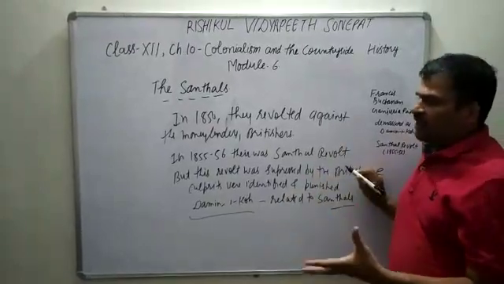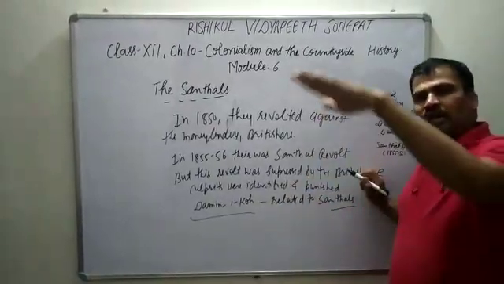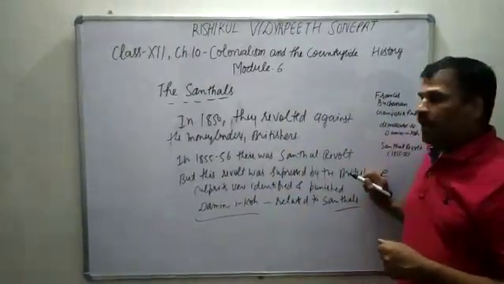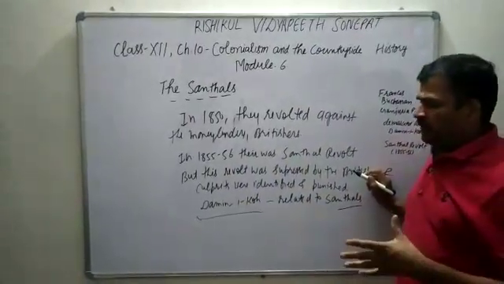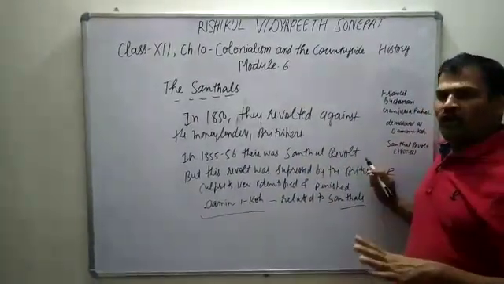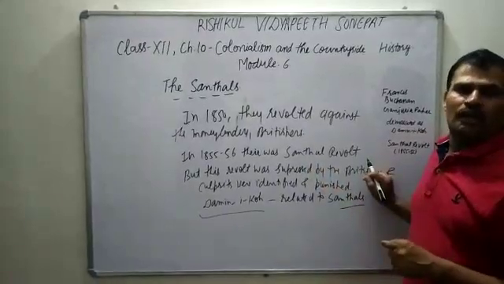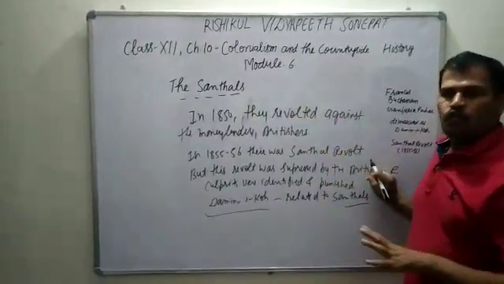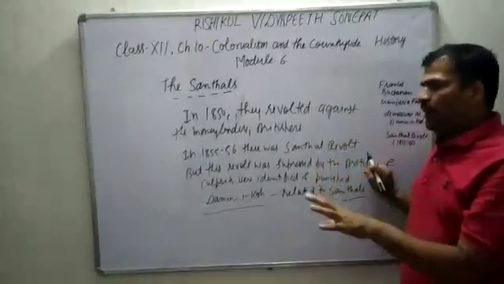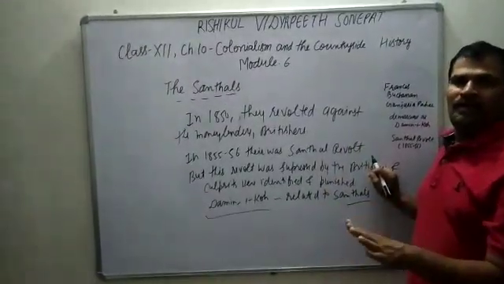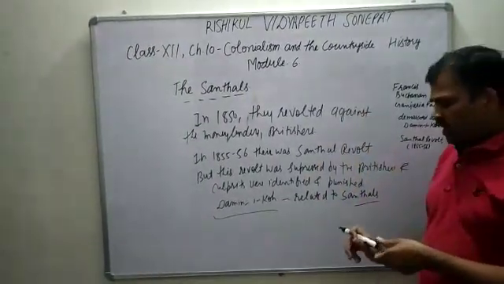For the first 10 years they lived there, and gradually they became a permanent settlement. In the end, after this revolt, they were given some part of the land, so that they could remain happy and not create problems for the Britishers.